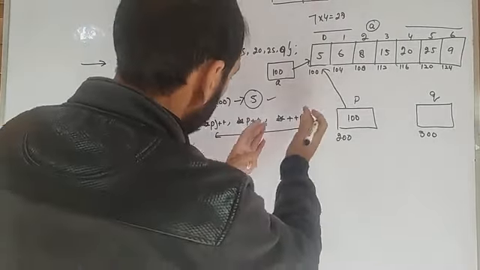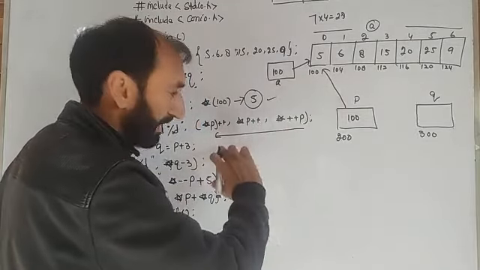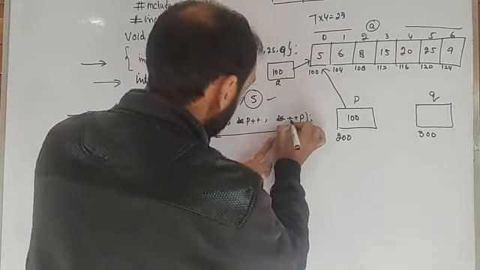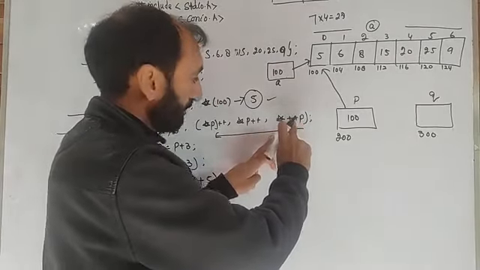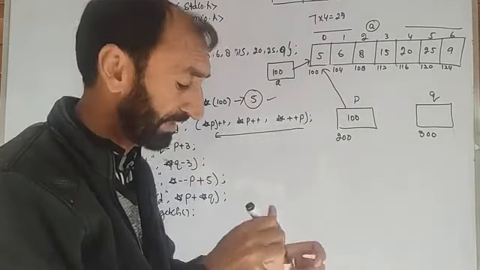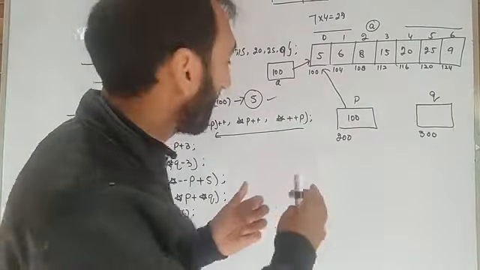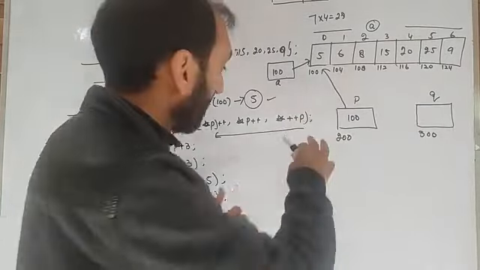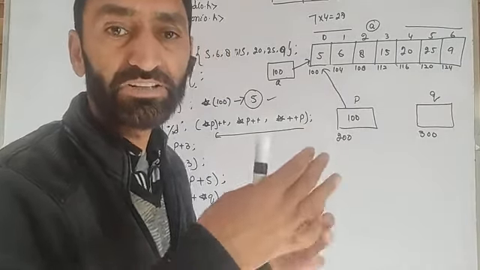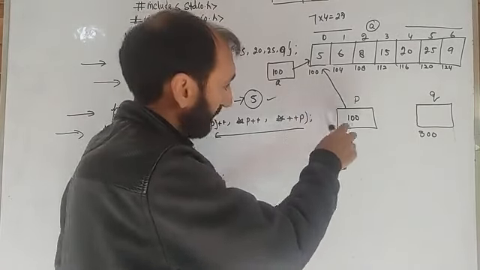That means execution starts from right to left. Then we will see what the output will be. First, this is a pre-increment. We know that in pre-increment, first the variable gets incremented, and after that the value gets returned. Here p is a pointer variable.